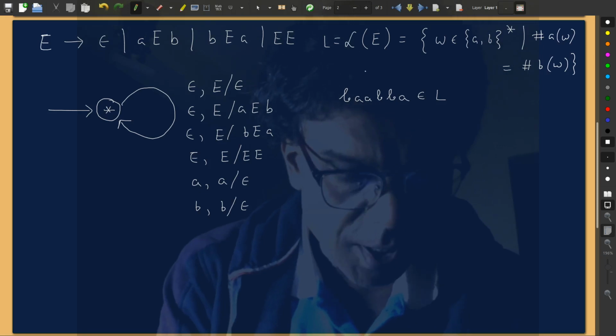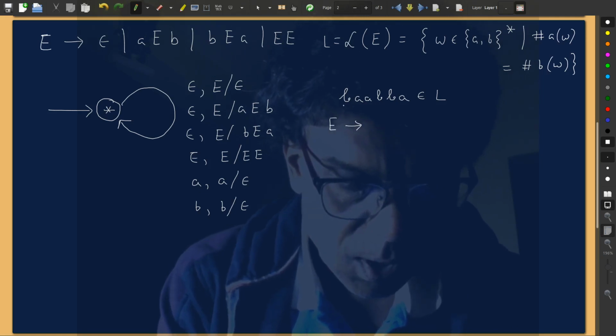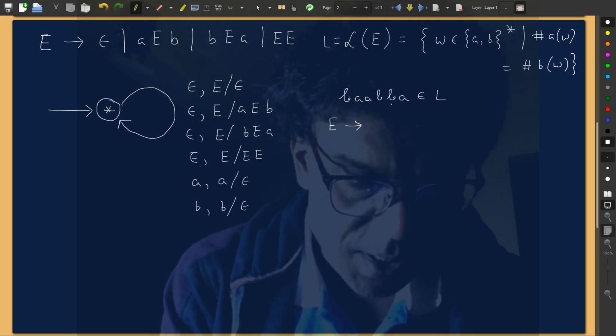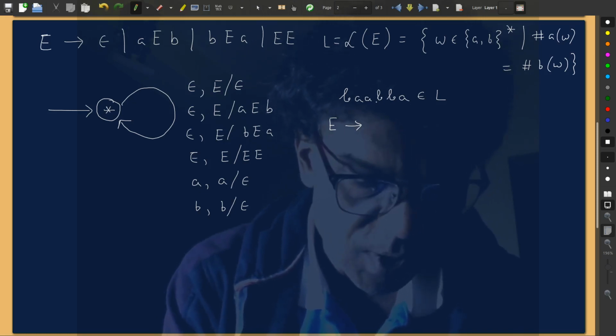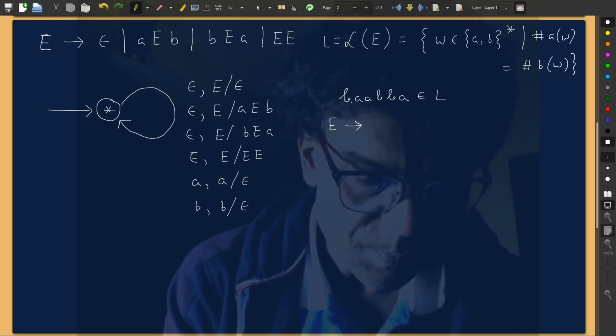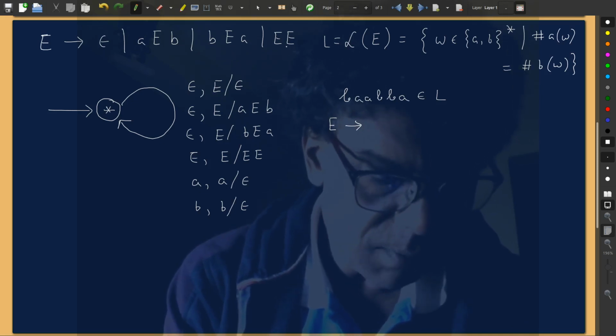So if I now look at a leftmost derivation, I can go like this. There are 2 ways I can apply this rule, BAAB, BA, or I can apply this rule, BEA, AABB, BA. So maybe let me start with which rule? Anything, maybe this one.